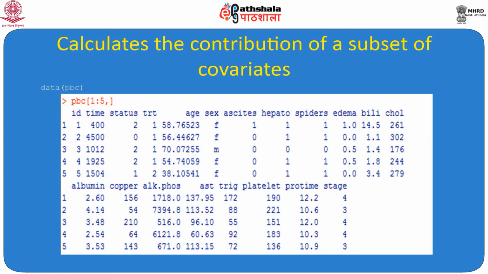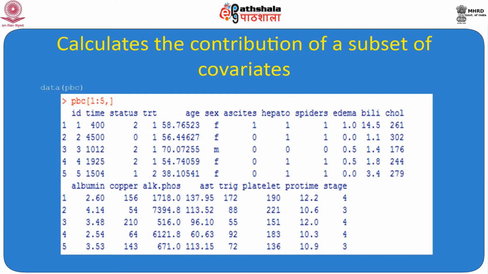Now the other biochemical parameters like ascites are given as present or absent, as 1 and 0. If it is absent then it is represented as 0, if it is present then it is represented as 1. Hepatomegaly is given as again 1 and 0. So hepatology, presence or absence, spiders, another parameter, again given as 1 and 0. Edema, the level of edema, was given as 1, 0 and 0.5.